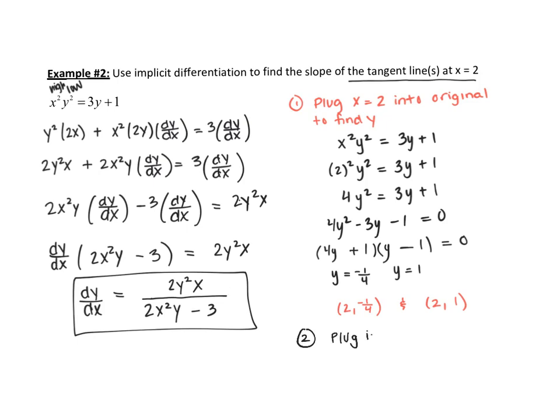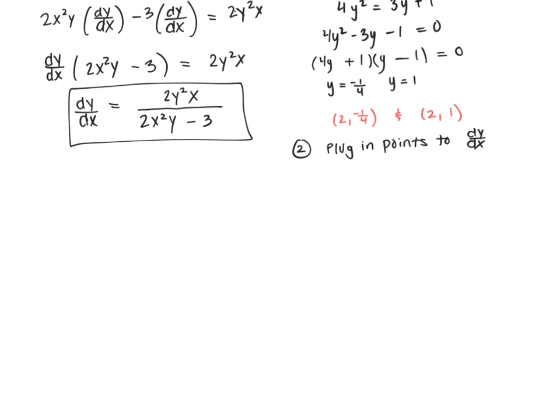So plug in points to dy over dx. So let's plug in our first point. So my first point we'll say is this one, 2 and negative 1/4. So dy/dx equals, now I'm just reading from here and plugging in x and y.